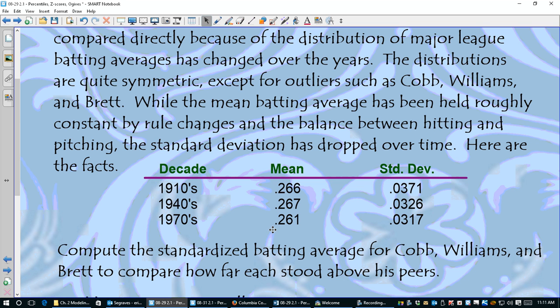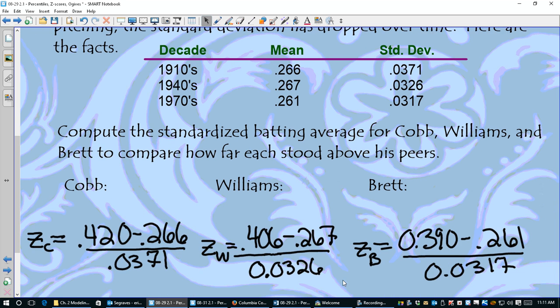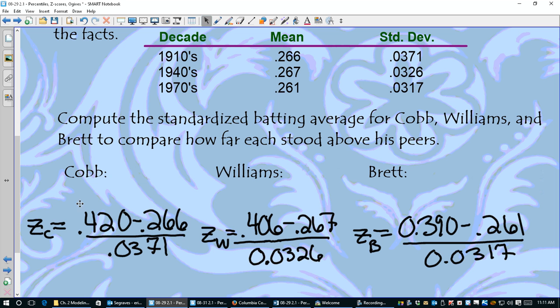Okay? So first, we have to calculate z-scores for each of the 3. Cobb's z-score, taking his batting average minus the mean of that decade divided by the standard deviation of that decade, gave him a z-score of 4.15. That's 4.15 standard deviations above the mean.